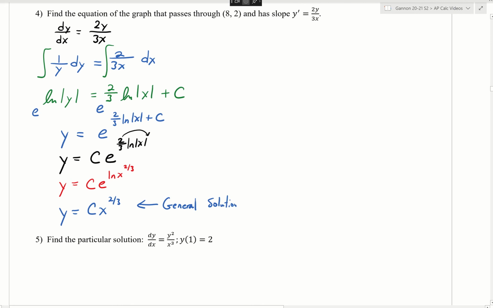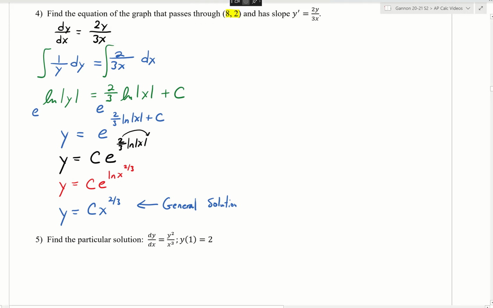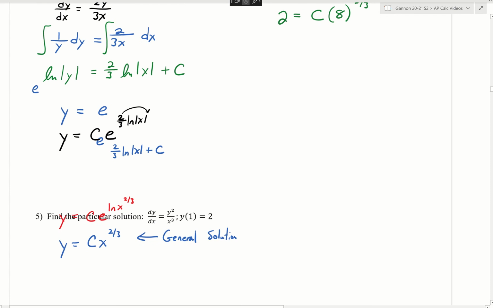But we want to find the equation of the graph passing through the point (0, 2). So we're going to go ahead now and take that point and plug it in order to find c. So 2 is equal to c times 8 to the 2/3 power. Sorry guys, I don't know why that stuff just jumped down there. Let me see if I can move it up.